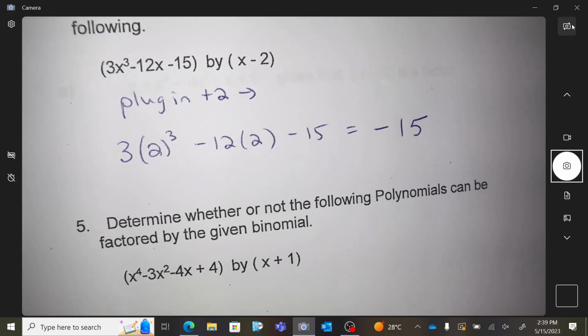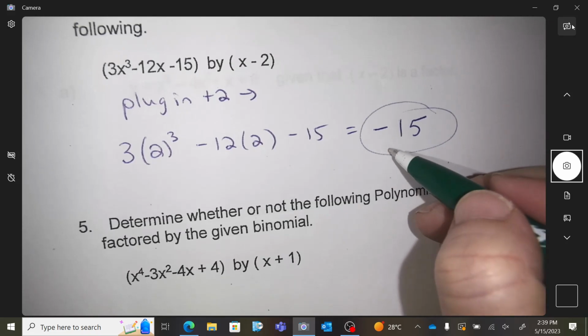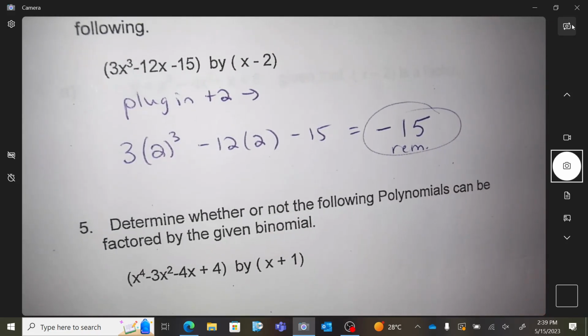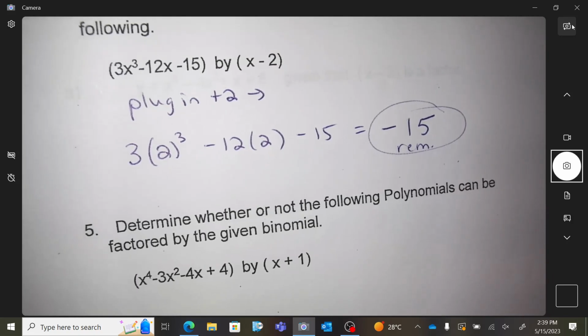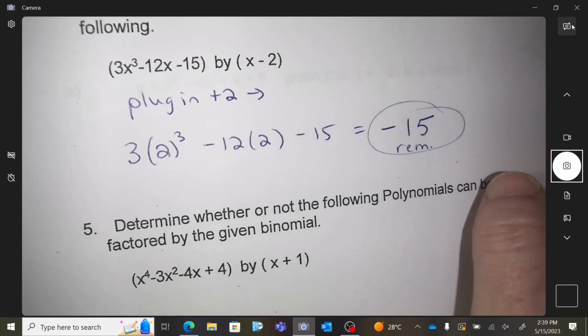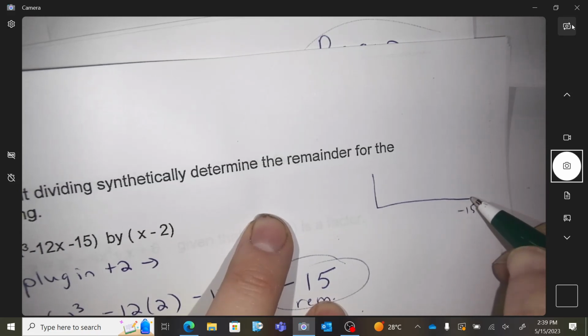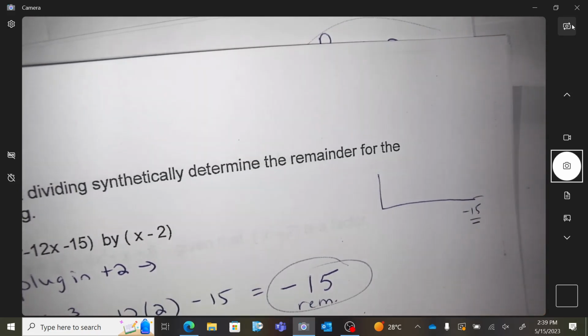Yep. Or like you put the wrong button in. Okay, that's it. That's my answer. The remainder is negative 15. Okay? If you want on a test, you can still check your answer with the synthetic division, right? Because if you did it, you should get a negative 15 at the very end as well, right?